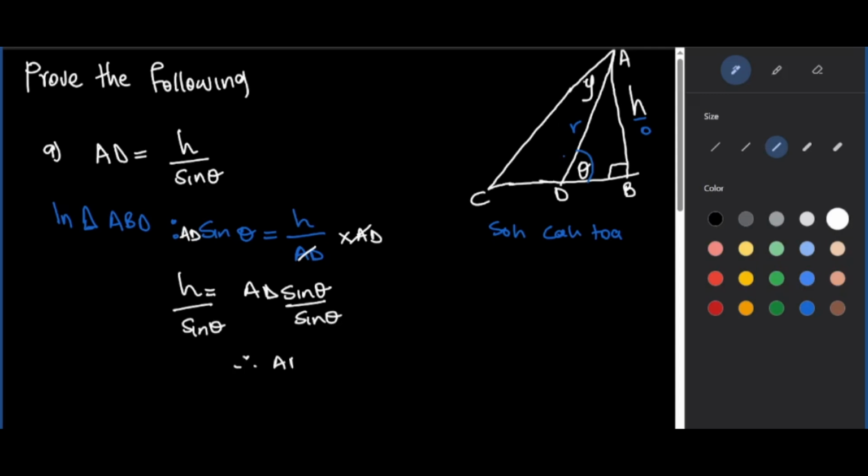Therefore AD is equal to h over the sine of theta. Are you happy with that? Is this making sense? Yes, understood.